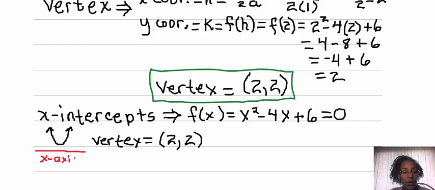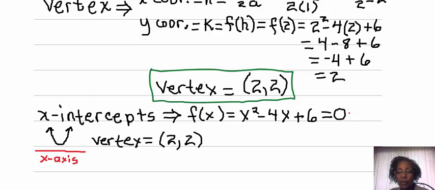Since the y-coordinate here is a positive number, the vertex lies above the x-axis. Since the parabola opens upward and the vertex is the lowest point on the parabola, we know that all other points will lie above this lowest point, which means no point on the parabola touches the x-axis.